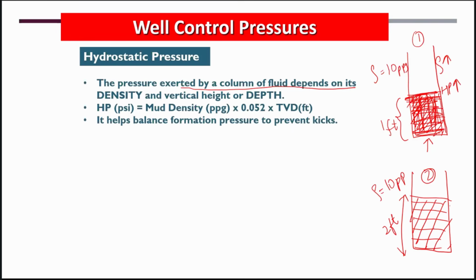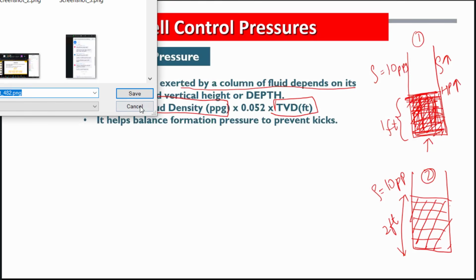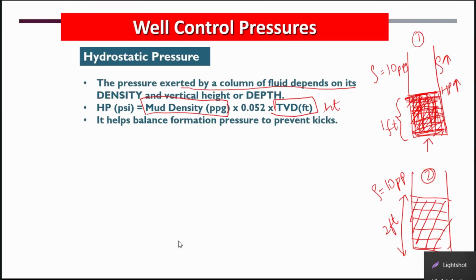So hydrostatic pressure depends upon two factors: the density and the TVD. TVD means true vertical depth, which is the height of the column. It is very important to understand that hydrostatic pressure depends upon only two factors, your mud density and your true vertical depth, which is height.